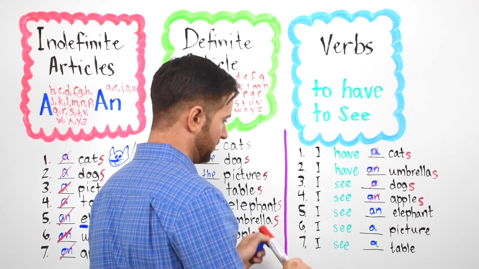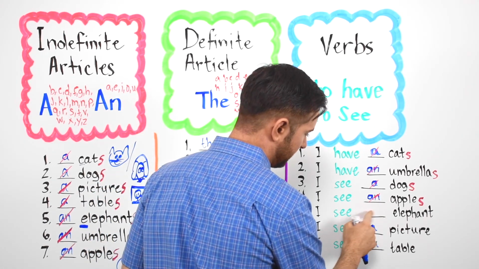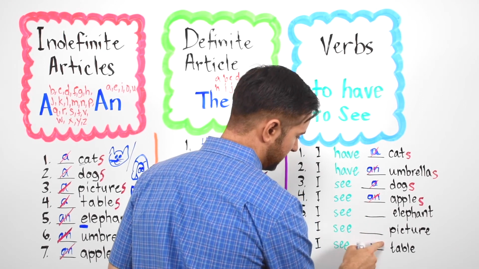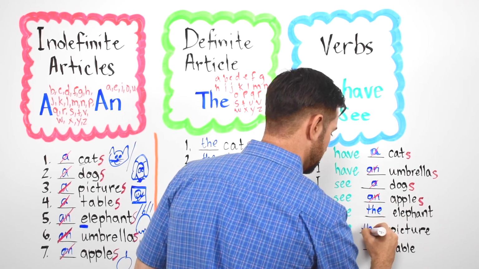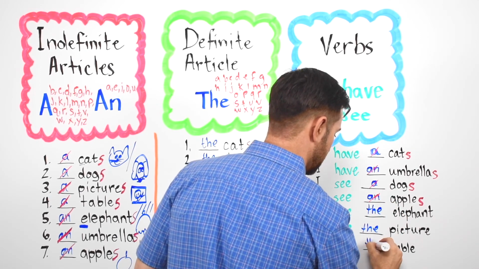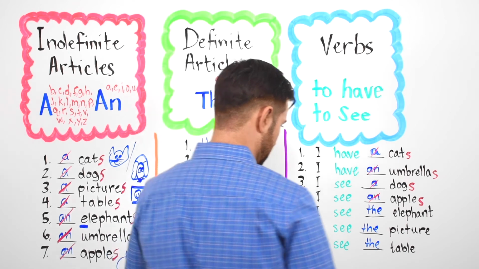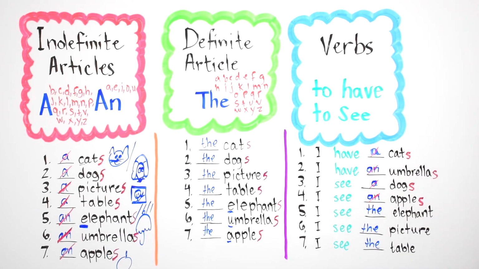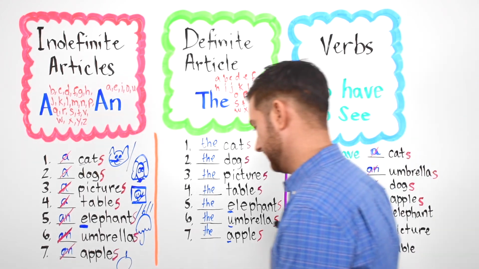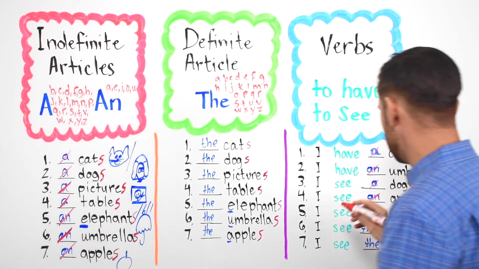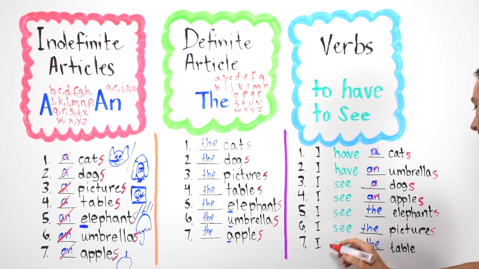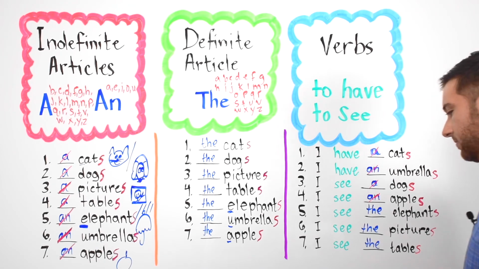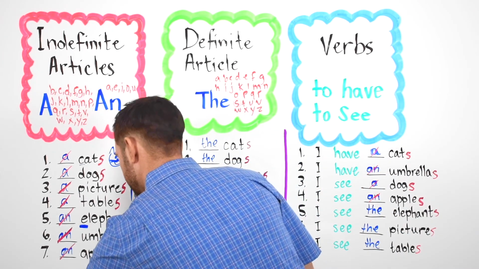So instead of an, we'll have the. We'll erase these right here and we'll put the. I see the elephant, I see the picture, and I see the table. Okay, just like this. Now, in this case, we don't have to get rid of the. So all we have to do is say I see the elephants, I see the pictures, and I see the tables. Okay, so it's pretty simple.